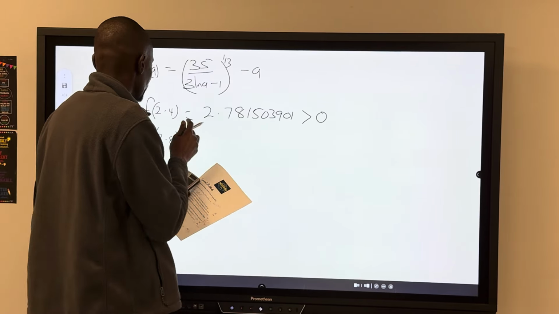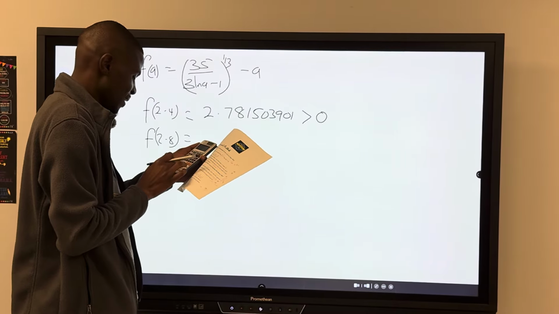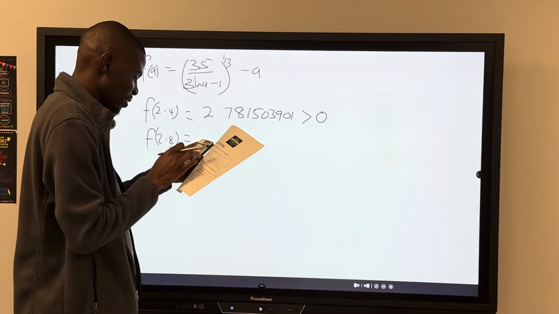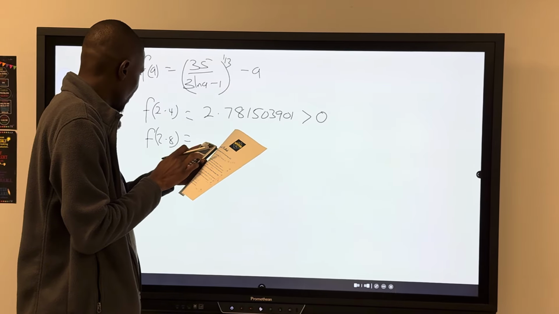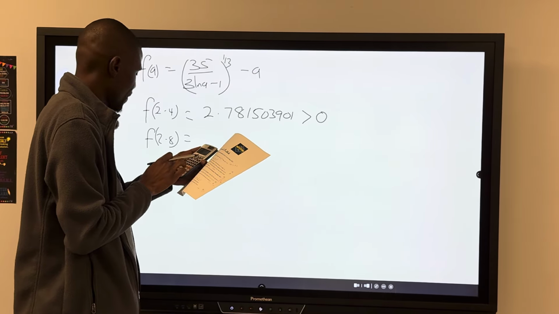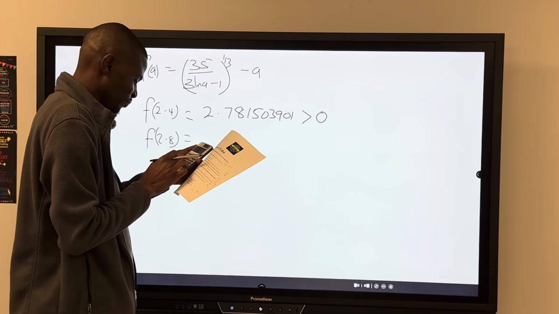All right, let's try out the other one. Okay, so I say 35 divided by 3 natural log of 2.8 minus 1, to the power of a third.